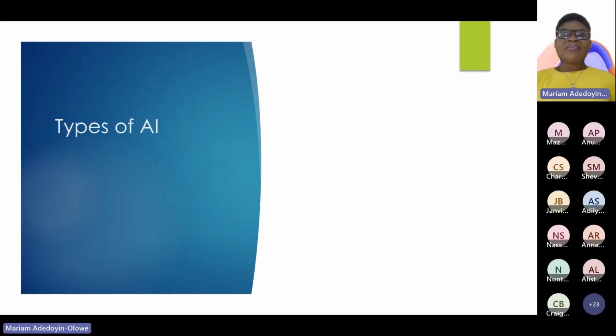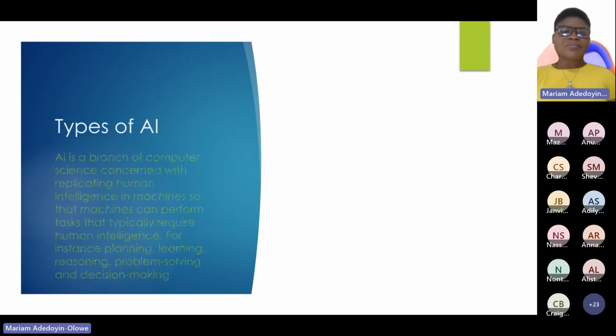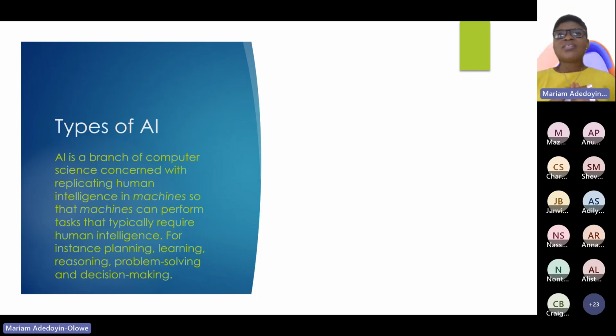So we have different types of AI. I know some of you might not be aware of this. But for the purpose of definition, what is AI? What is artificial intelligence? Artificial intelligence is a branch of computer science that concerns replicating human intelligence in machines so that machines can perform tasks that typically require human intelligence, the use of our senses, our brains.